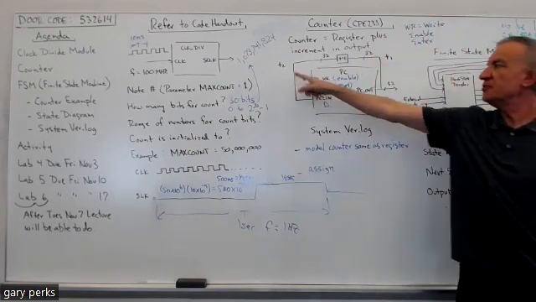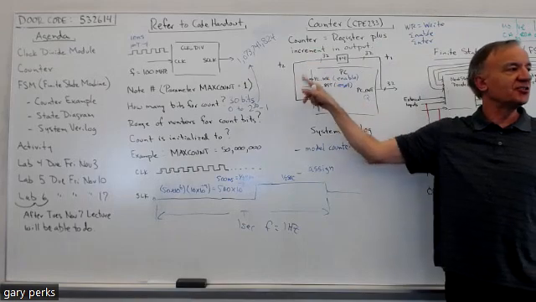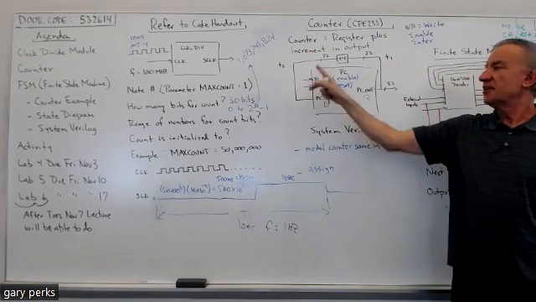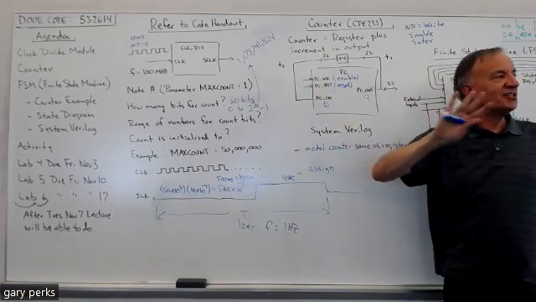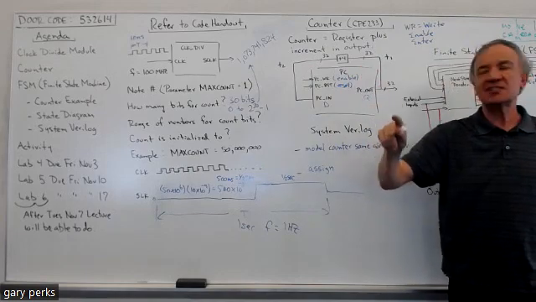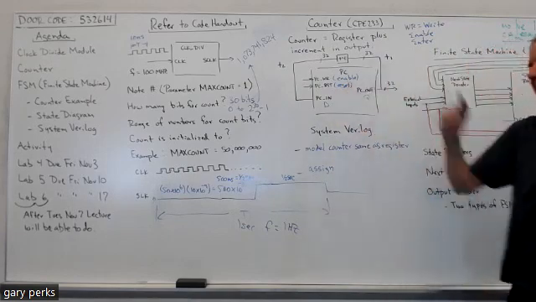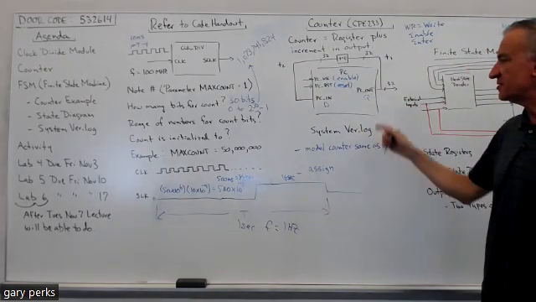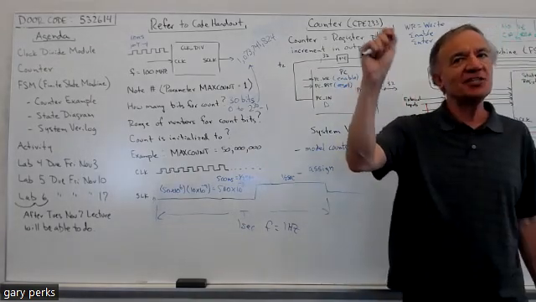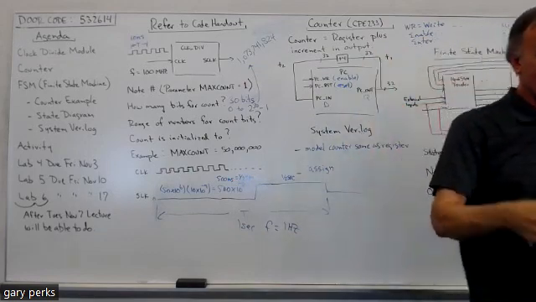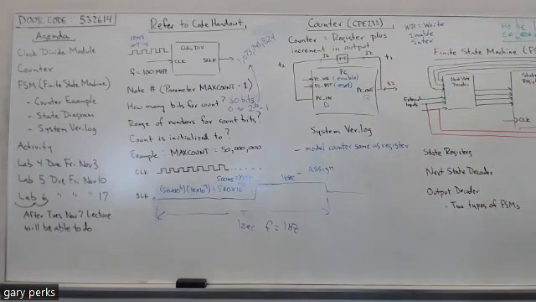Now, I use T1 and T2 for these internal signals. Hopefully when you take that class, you're going to use more descriptive names for internal signals, but here I'm just using these simple names. When you put it all together, you're going to have like 50 internal signals, and you don't want T1 through T50.